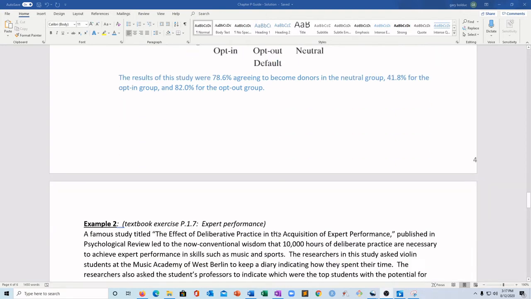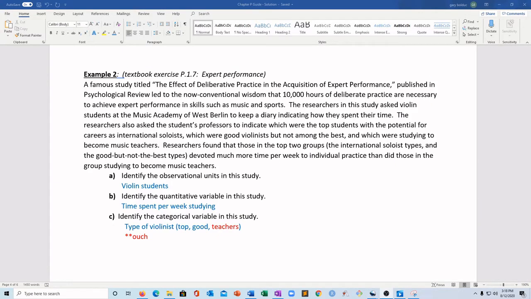All right. So in example 2 in this study, the researchers were looking at the connection between the number of hours you spend trying to perfect a skill, such as music or a sport, or the amount you practice. How does that correspond to how good you will be in that sport or music or whatever thing that you're going to try to practice?